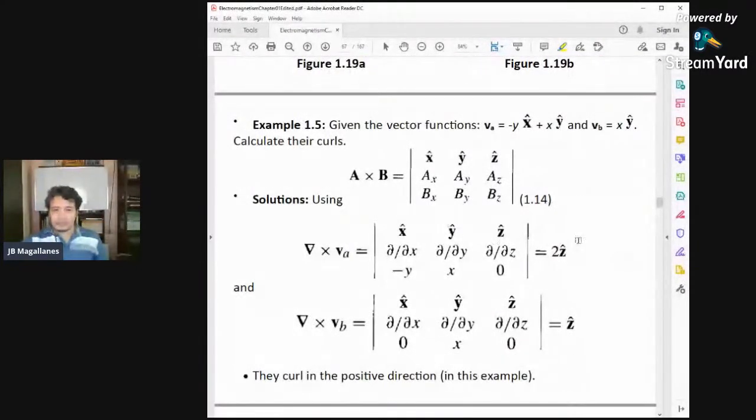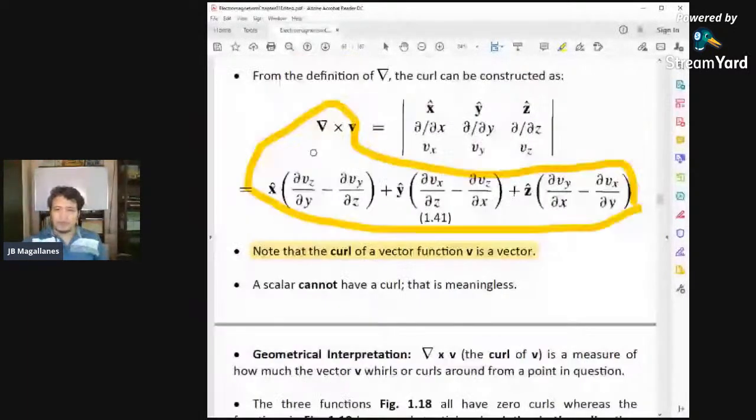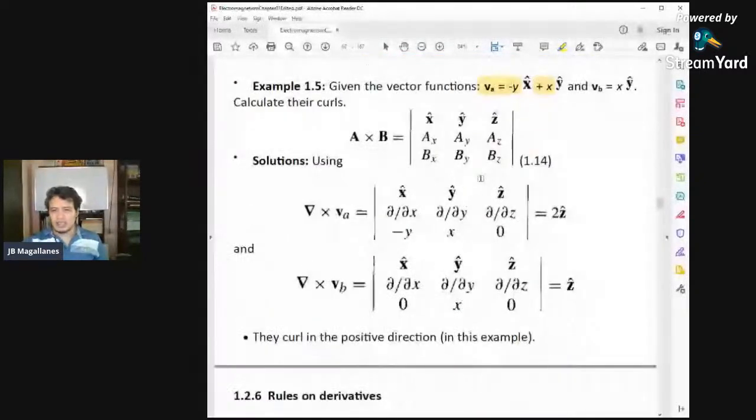So for this example, you have a vector VA given by this. If you get the curl of VA, again use this formula. You just substitute using this formula from before.